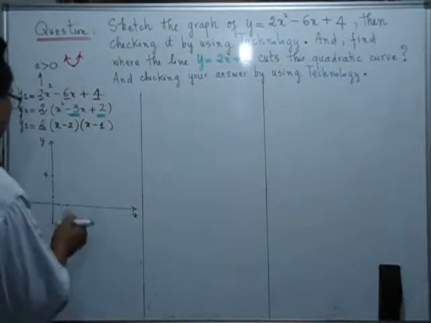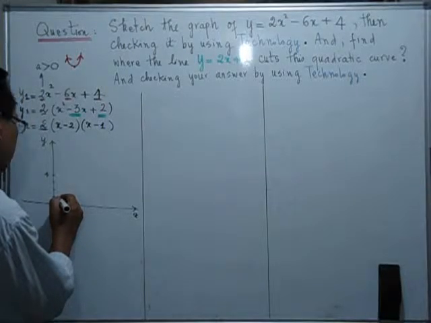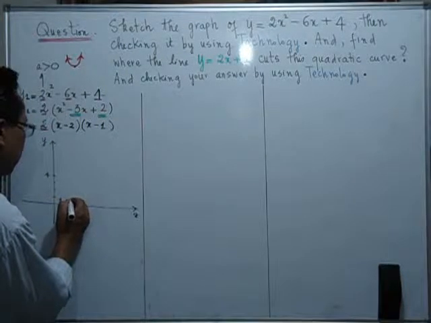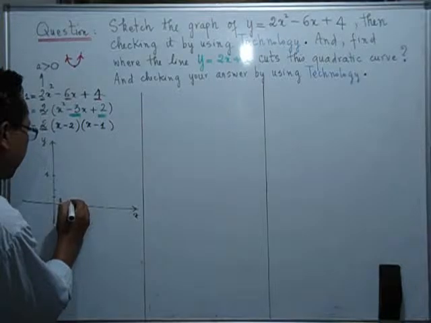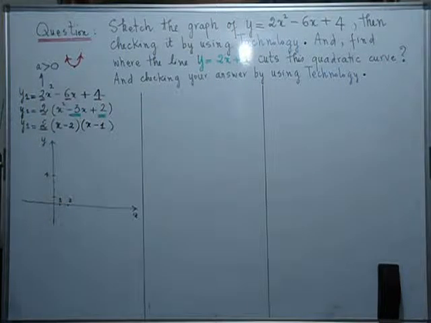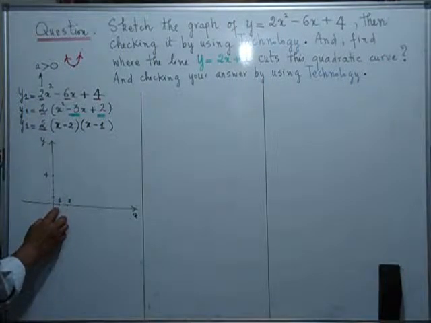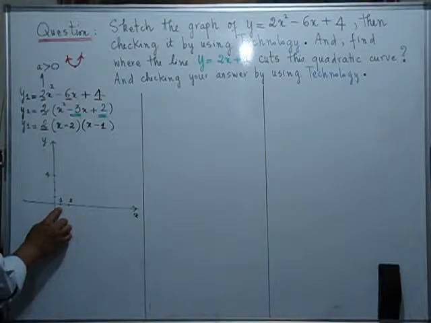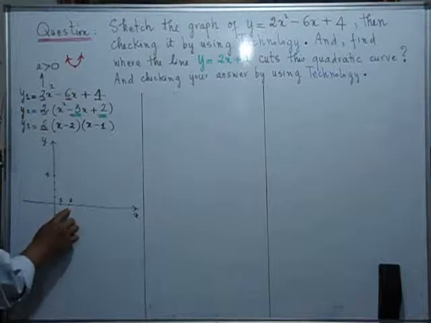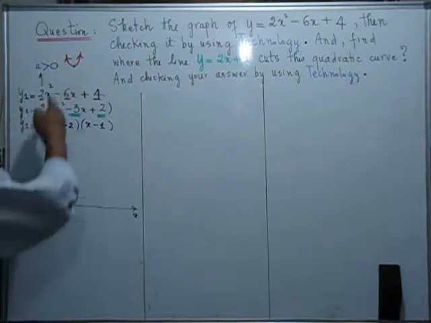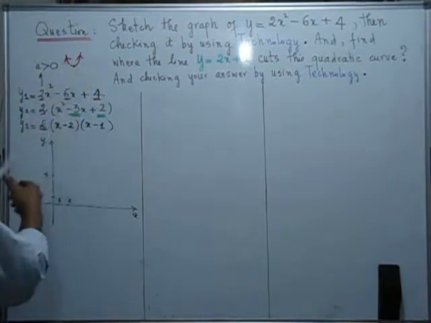So therefore we have 1 here and 2 there. So the x-intercepts equal 1 and 2, and the graph opens upward.